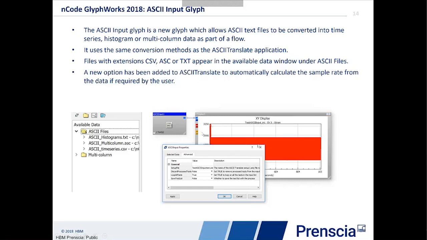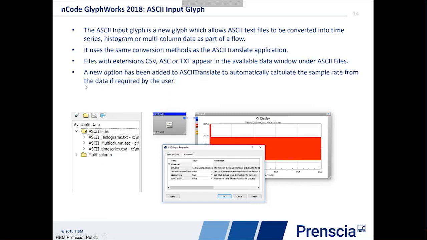You can display or process it or anything you want to do with Glyphworks straight, without having this intermediate step of using ASCII translate in the middle. Now in the ASCII translate module, we have a new option to automatically calculate the sample rates from the data.